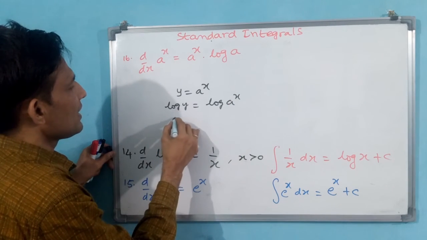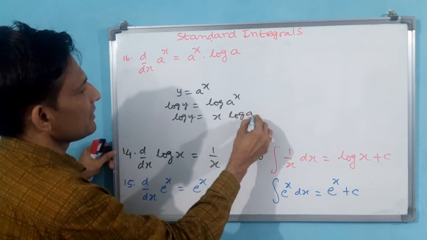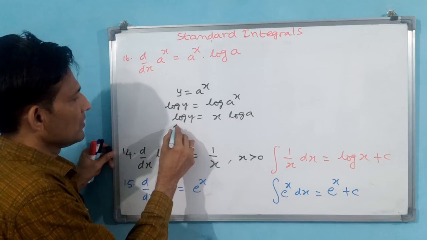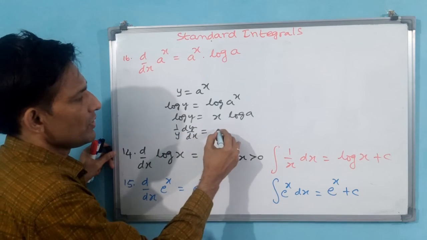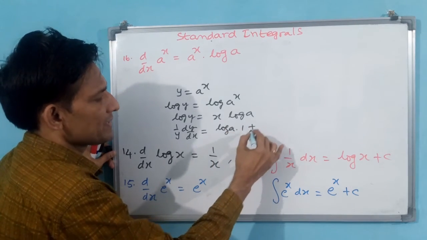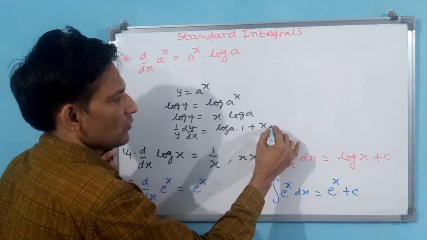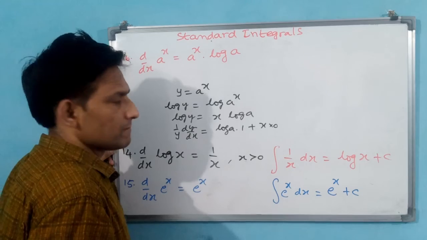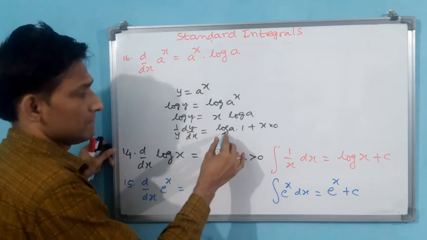Then log y is going to become x log a. Differentiating, 1 by y dy by dx is equal to log a into d by dx of x, plus x into d by dx of log a, which is 0. Finally it is going to become log a.